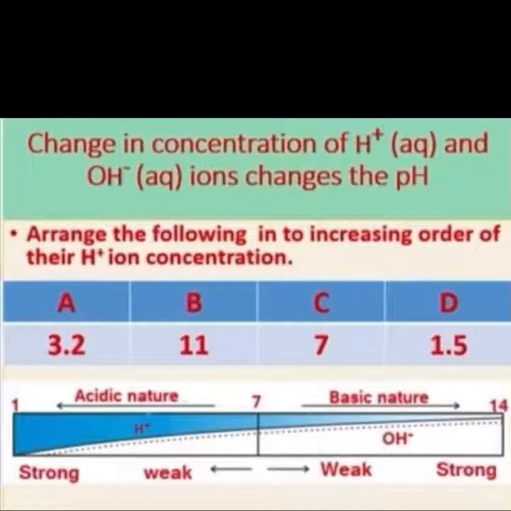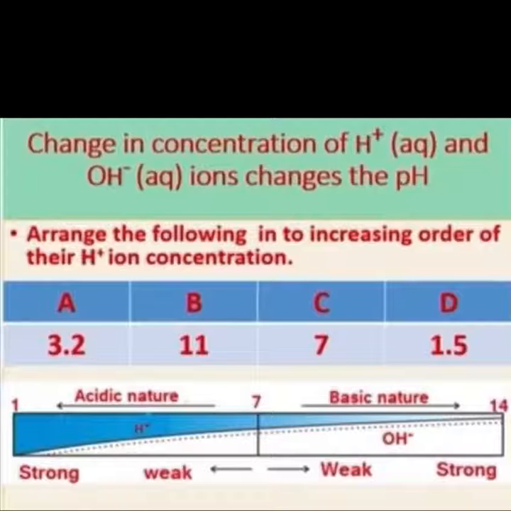If the value of pH increases, children, the basic character increases. If the value of pH decreases, the acidic character increases. Okay? From this diagram, we can easily say which one is more acidic or which one is more basic. Right? Yes. pH 7 means it is neutral solution, children.